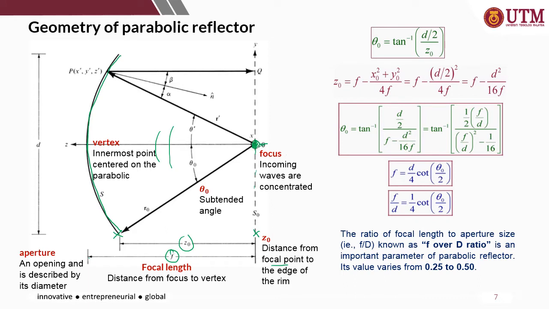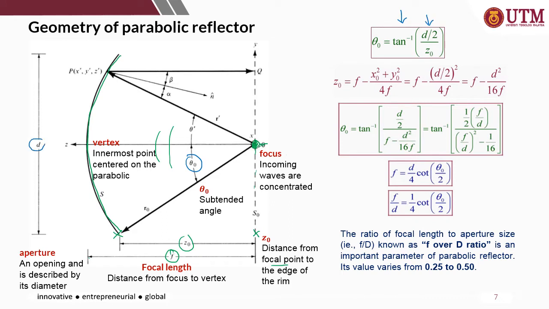Okay, and then the angle between the center to the edge of the parabolic structure is known as theta naught. It is the subtended angle. So the subtended angle can be determined by using this equation where it depends on D. So what is D?